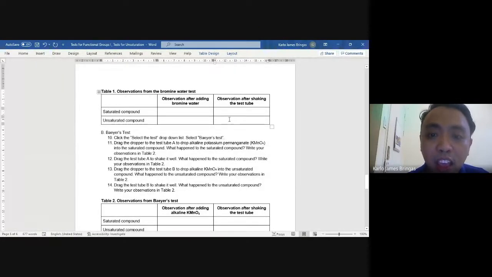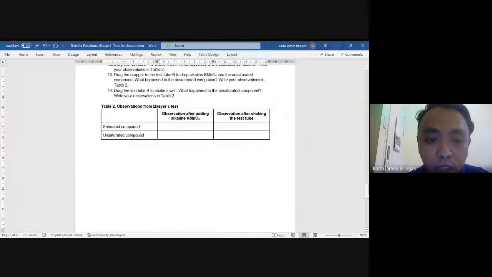But highly encouraged na everybody should be able to do the bromine water test. So at least be sure na every member of the group has tried to do the bromine water and the Bayer's test, para familiar kayo what observations we see when doing this one. But only one person needs to fill up itong table na ito.